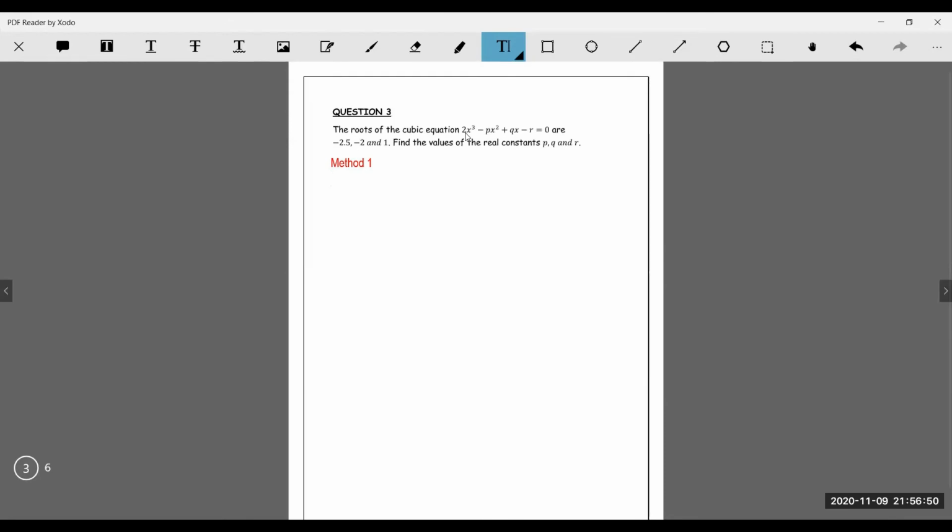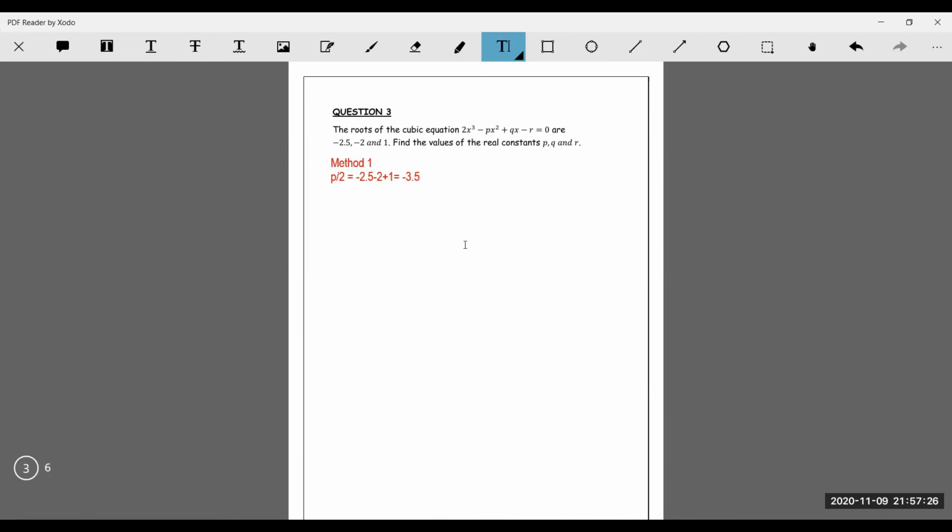P over 2 is equal to the sum of the 3 roots, which is minus 2.5 plus minus 2 plus 1. That works out to be negative 3.5.